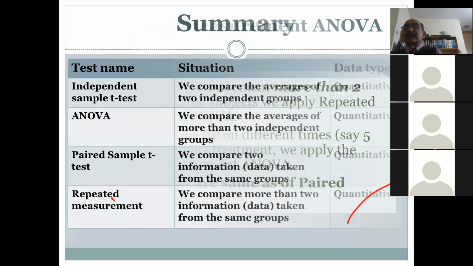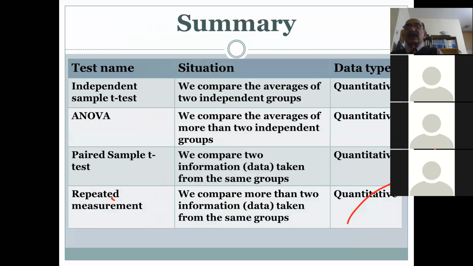You can take a screenshot of this table. Very important, this table also: if your data is quantitative and you want to compare the average of two independent groups, you will apply the independent sample t-test. Similarly, if data is quantitative and you want to compare the means of more than two groups, you will apply ANOVA.